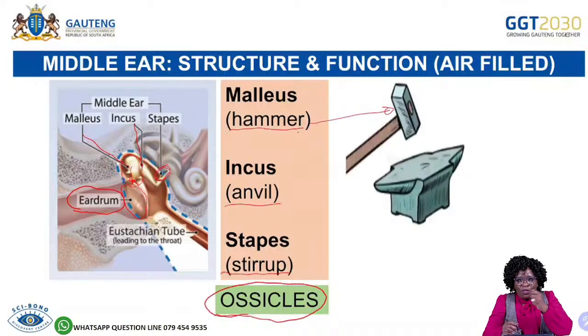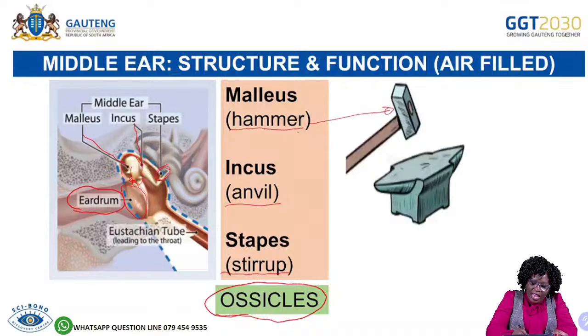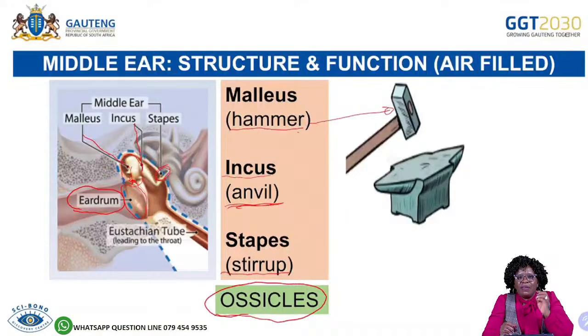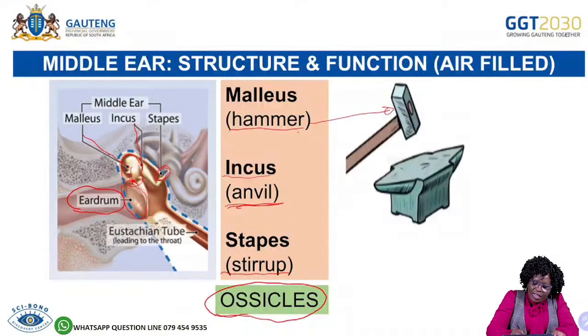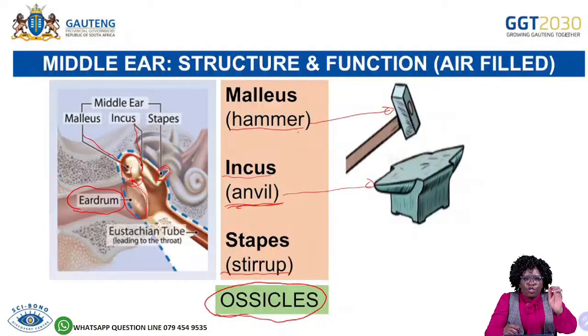You know, a hammer that we use. Handymen, they know what we're talking about. And then anvil, which is now the middle bone, it's the incus. The scientific name is the incus. But now anvil, this is related to a tool that is used to dig out something.